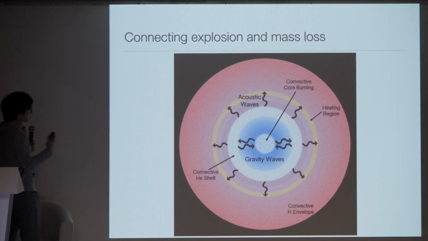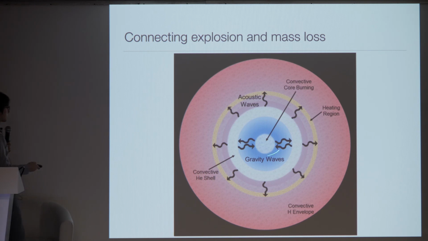And there's, of course, some suggested way. At the center, there will be huge convective activities that may cause some acoustic waves inside, and this acoustic energy may be dumped somehow at the surface, and that may be able to push the surface of the star, and that may lead to some high mass loss rate just before the explosions.